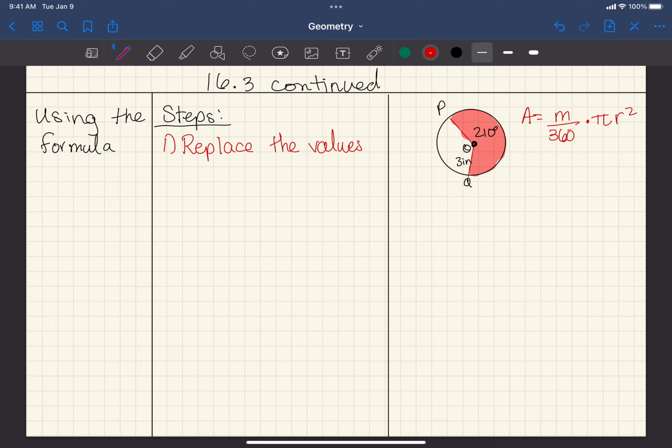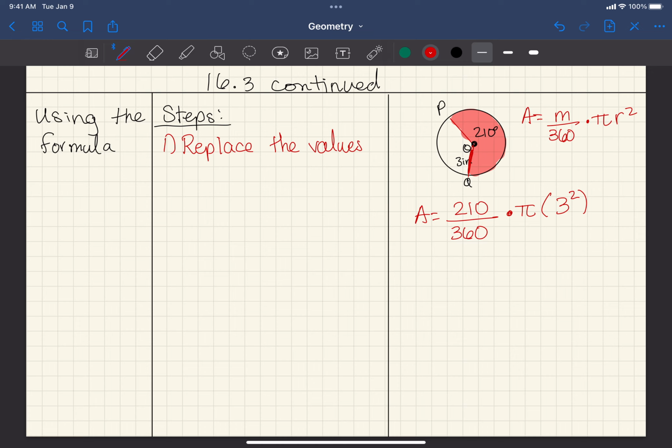So the first thing I'm going to do is replace m with 210. So 210 over 360, okay, times pi times the radius, which if I look very carefully right here is 3 inches, so 3 squared.